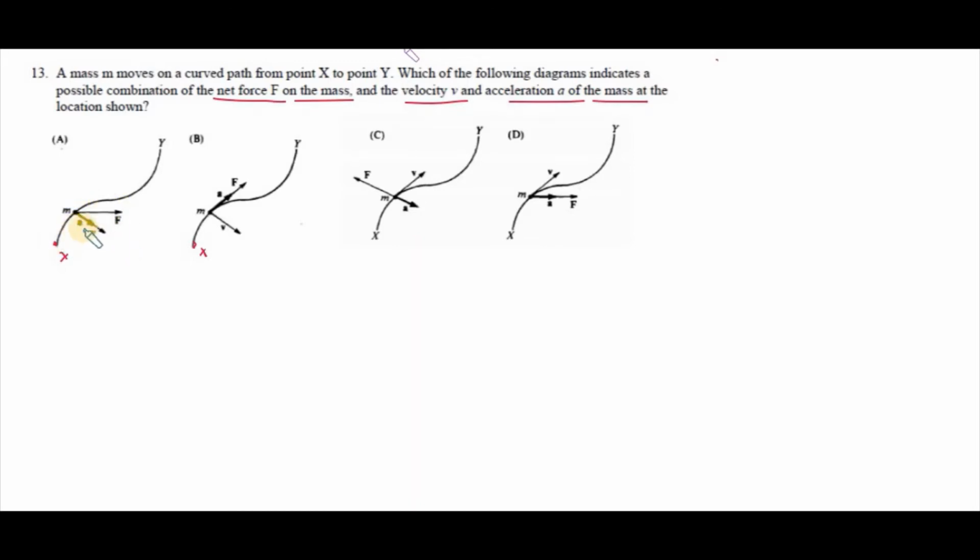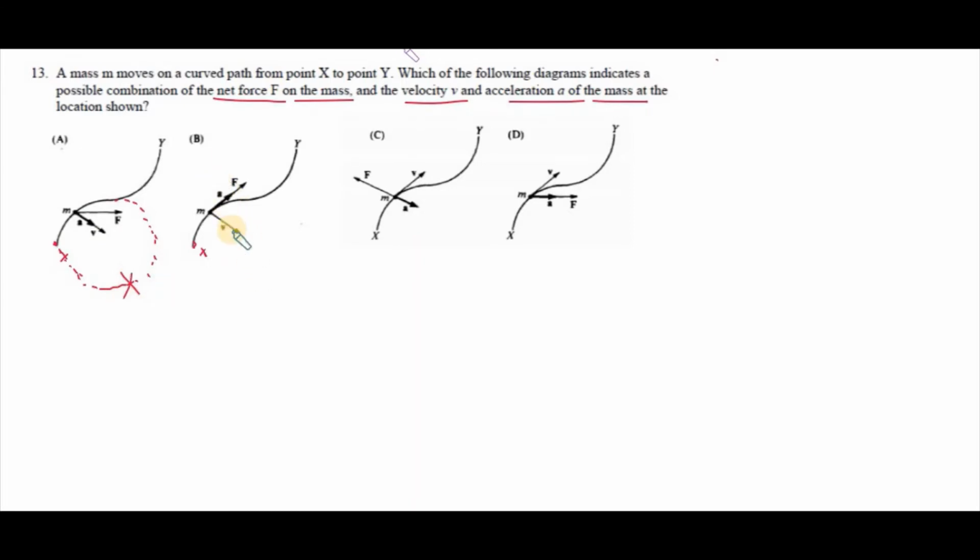It cannot be in the same direction in circular motion, because here the path is a curved path, part of an arc of a circle. So it would have acceleration radially inward, but the velocity should be along the tangential direction. That point is not matched, so A cannot be the answer.